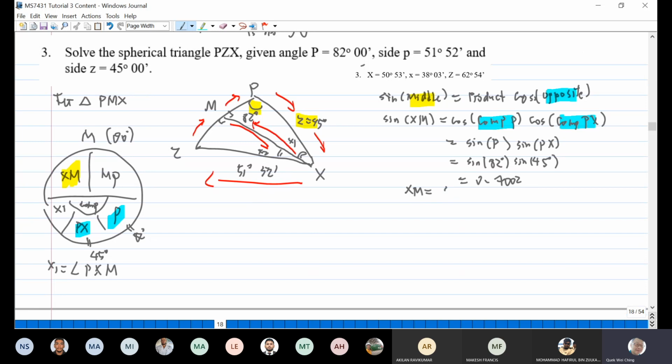XM is equal to sine inverse of 0.7002. Let's see what this is now. Sine inverse, answer. You get 44 something, right? 44 degrees, 26 minutes. Actually, I think 27 minutes. Okay, 27 minutes is the correct one.